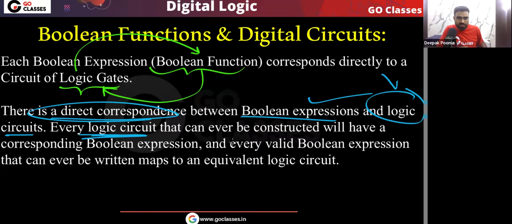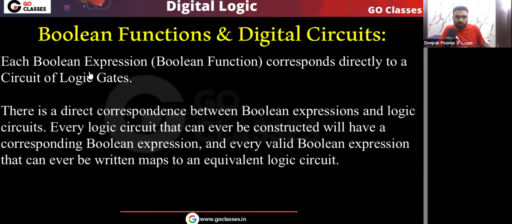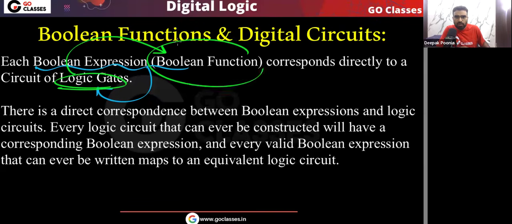Every logic circuit that you can construct will have a corresponding Boolean expression, and for every Boolean expression there is an equivalent logic circuit. This is a very simple point. I hope you understood that for every Boolean expression you can create a circuit using the logic gates, and if you have a circuit with logic gates, then for that circuit you can create a Boolean function.